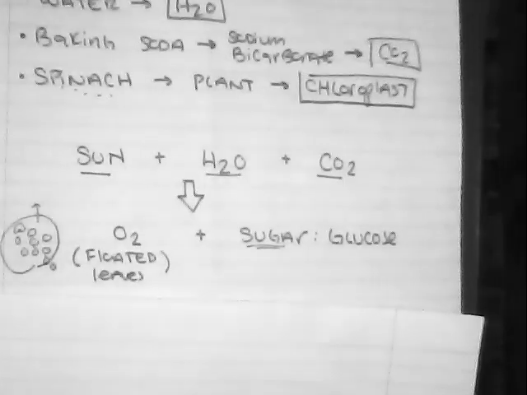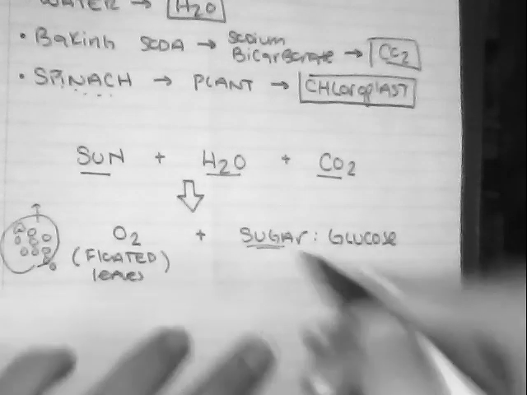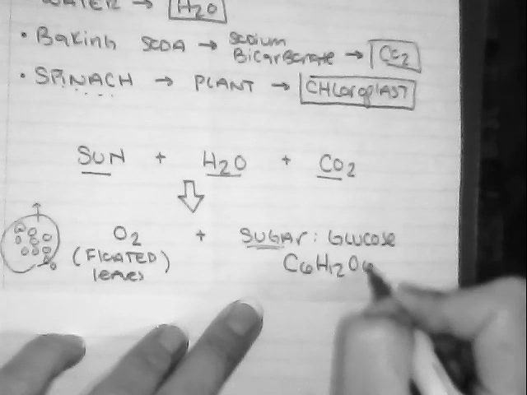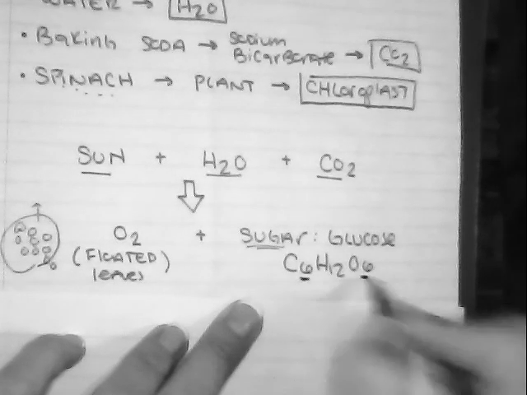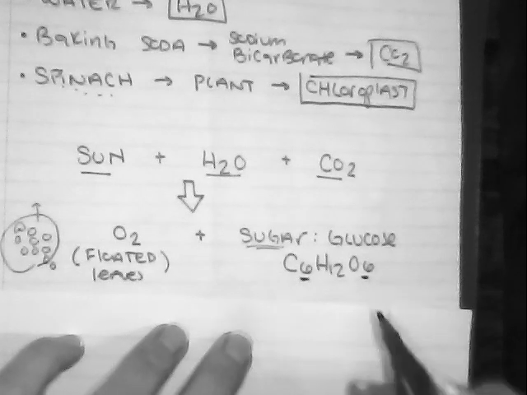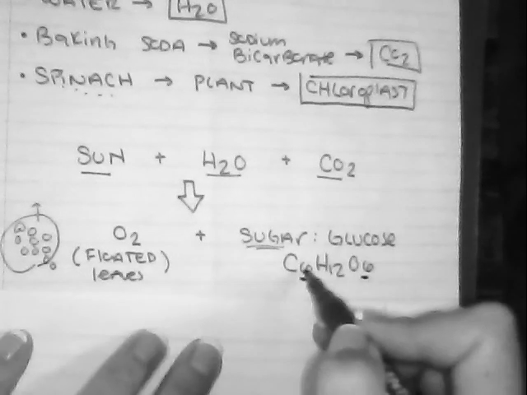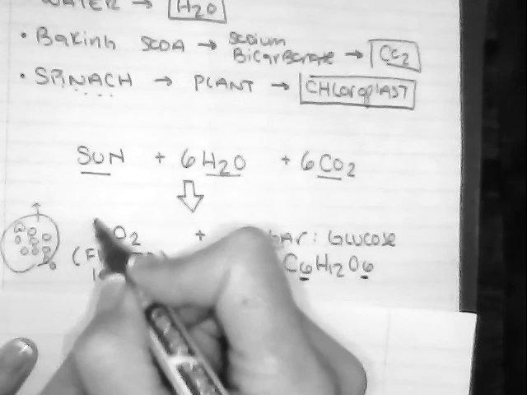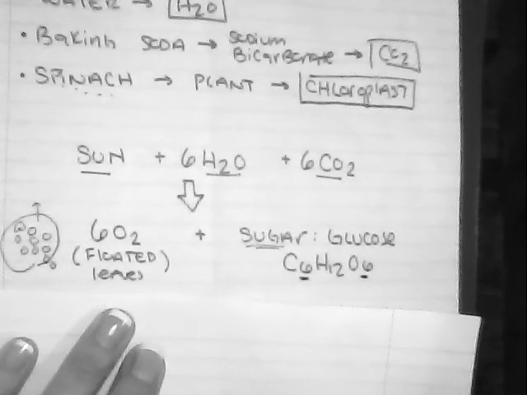So the formula for photosynthesis is as such. If you were to take glucose, which is C6H12O6, and notice it has 6's in it twice, you then take the number 6 and put it in front of every single molecule or compound. That in turn is your formula.